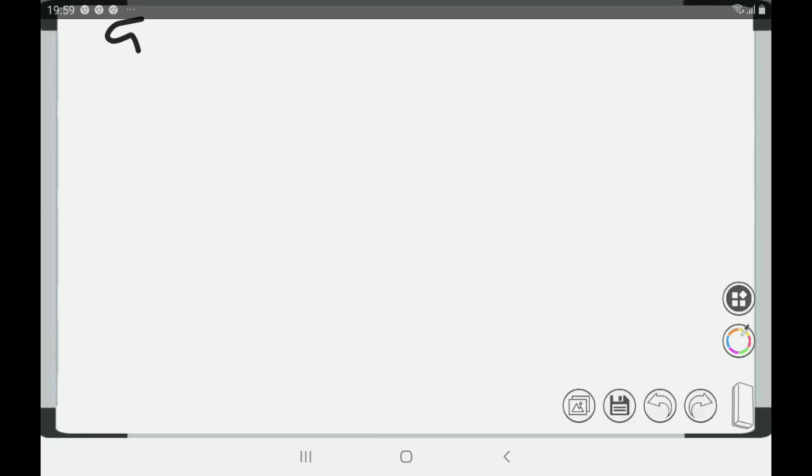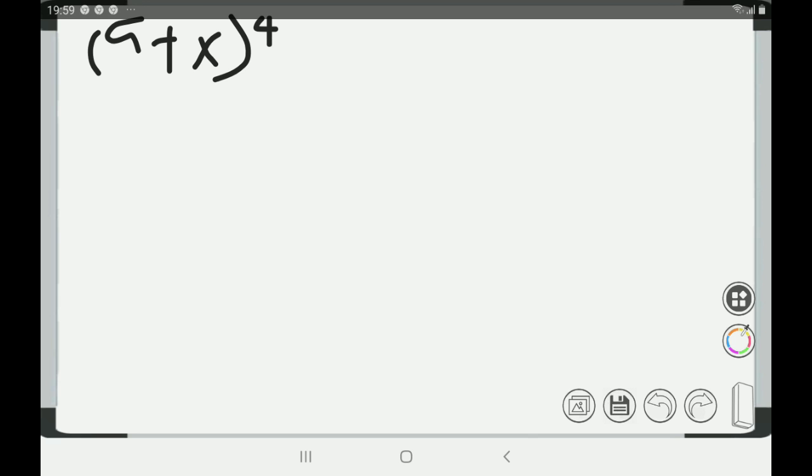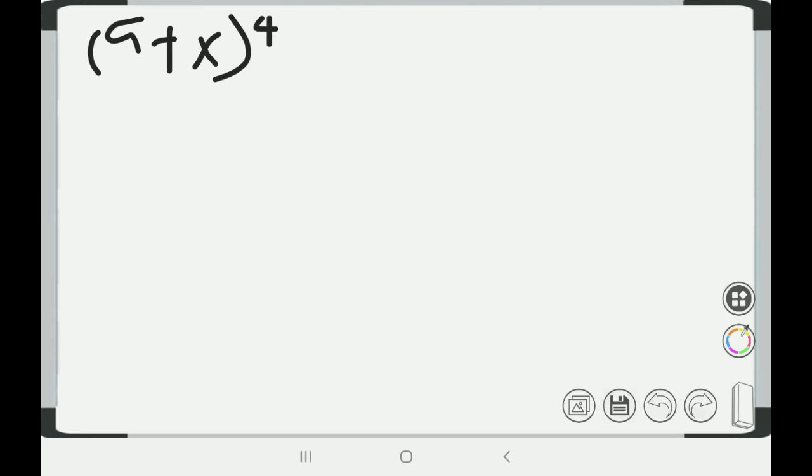So now we have a plus x raised to 4. So now let's do the expansion, and you say a should be decreasing towards the right, and earlier we had the coefficient of a raised to 4 as we started.